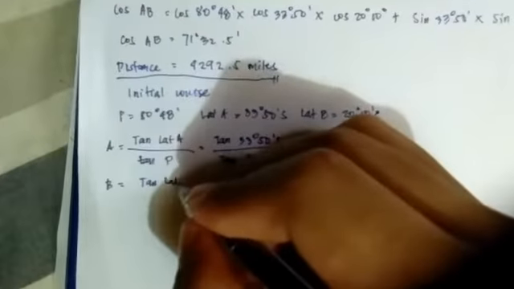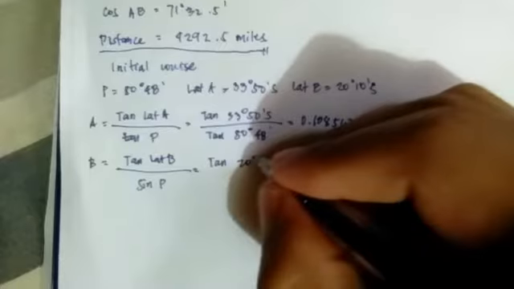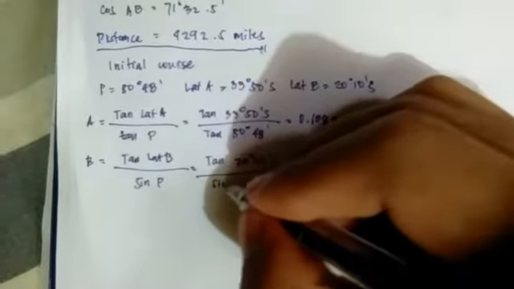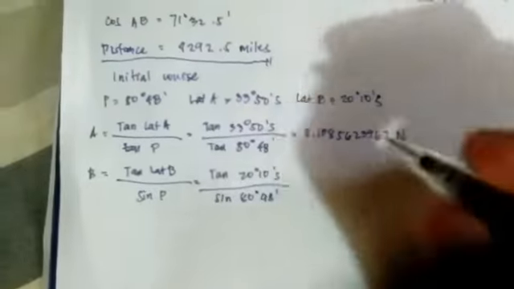Next, we need to get the initial course of B, and it has the formula of tangent latitude B over sine P, the d long. So tan latitude B, which is 20 degrees and 10 minutes, and sine P, which is 80 degrees and 48 minutes.